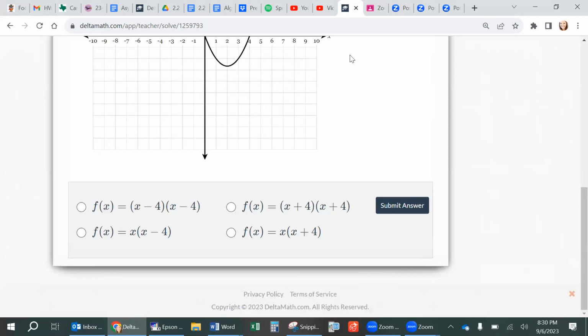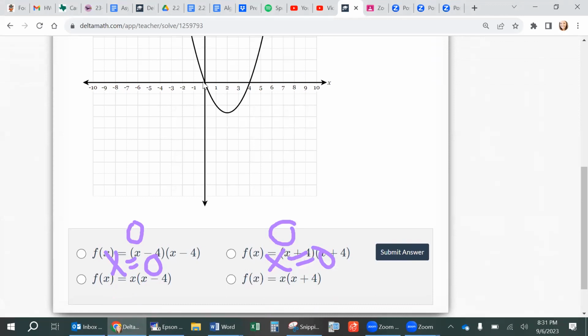First thing I want to point out to you is that if I have an X in the front, that means that X equals 0 should be one of my values. If you have an X on the outside, remember what I told you, that it has to touch at 0. So if I look at my graph up here, I do notice that it has a dot right here, at 0.